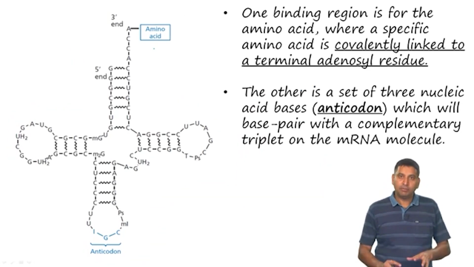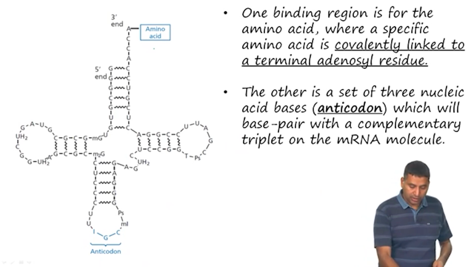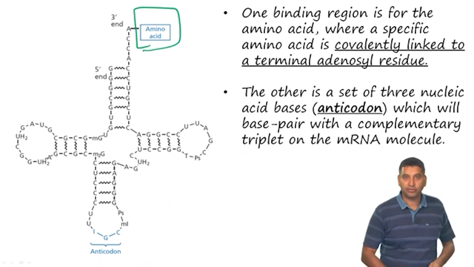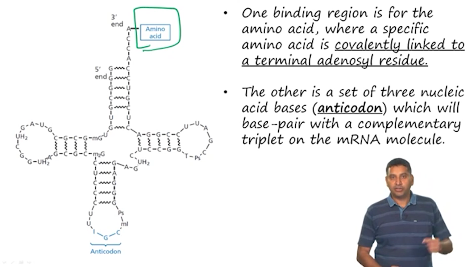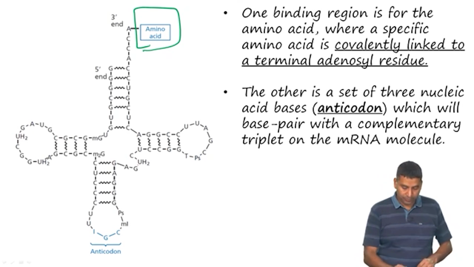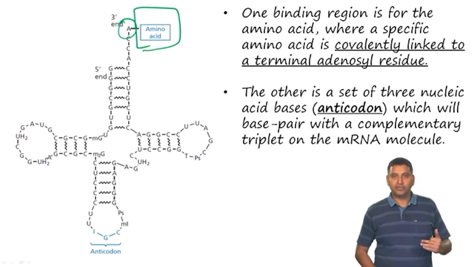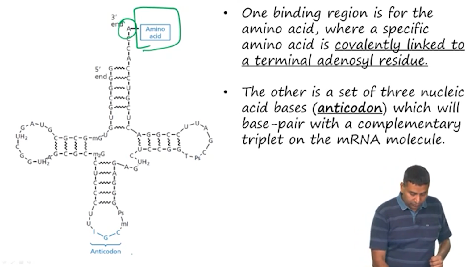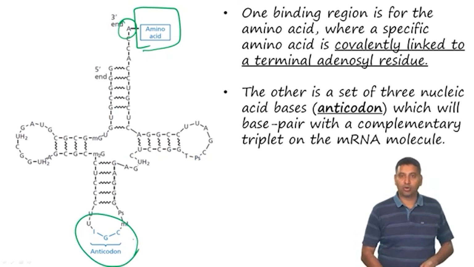One binding region is for the amino acid as shown here, where a specific amino acid is covalently linked to a terminal adenosyl residue, which is here. The other end is a set of 3 nucleic acid bases, which is called the anti-codon.